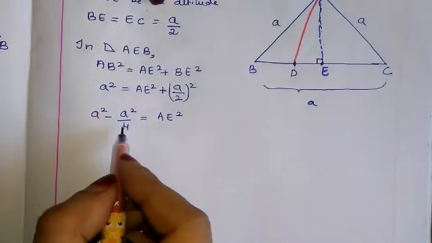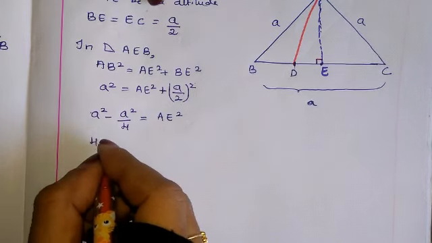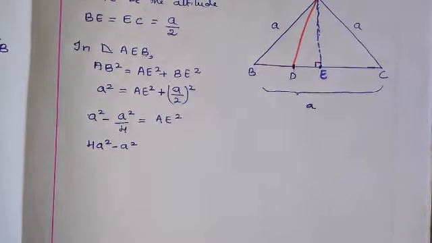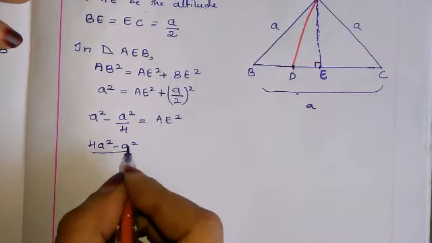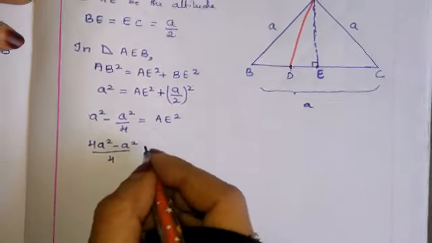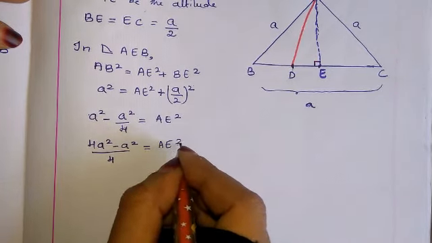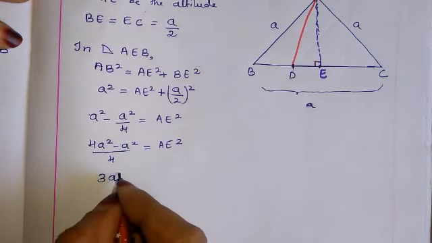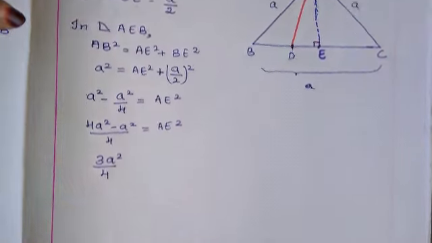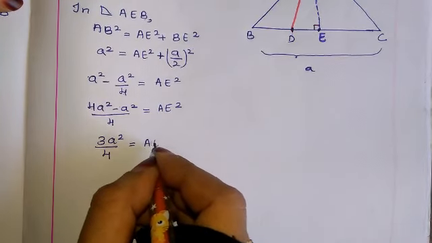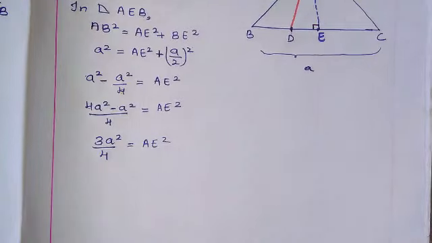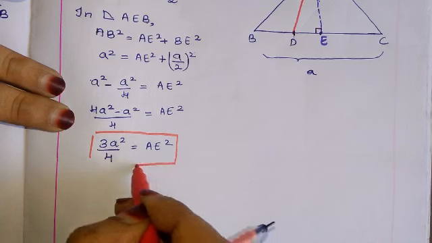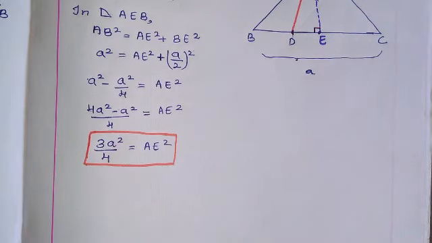Now 4 into a square is 4a square minus a square, upon 4, because we have multiplied, is equal to AE square. 4 minus 1 is 3, so 3a square by 4 is equal to AE square. AE square value we got is 3a square by 4.